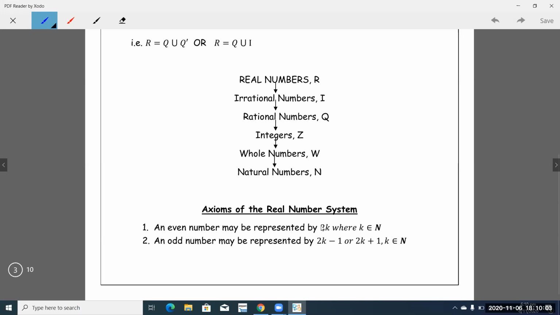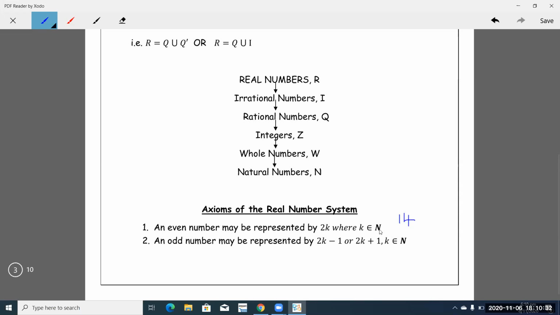And 2 times any number will always be a multiple of 2. Yes, sir. So say k was 7. 2 times 7 is going to give us 14. No matter what the number is, it's still going to be an even number once it is multiplied by 2.